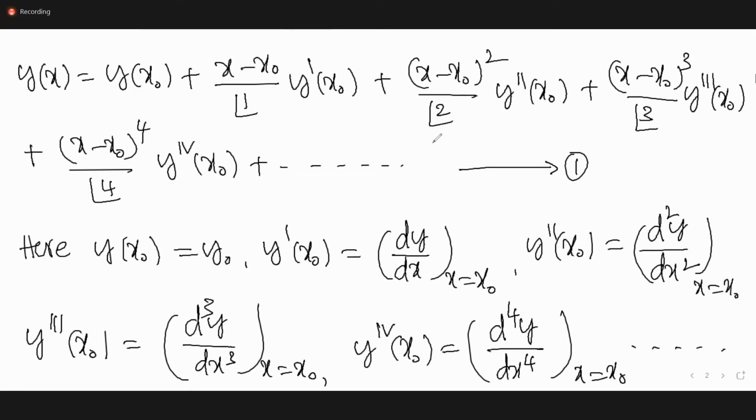Substitute in that Taylor series, and we get a function. And this method is a very easy method. When will it be easy? It depends on the given function. If the function is a simple function, we can calculate the higher order derivatives very easily. But if the given function is a complicated function, then it is very difficult to calculate the higher order derivatives.